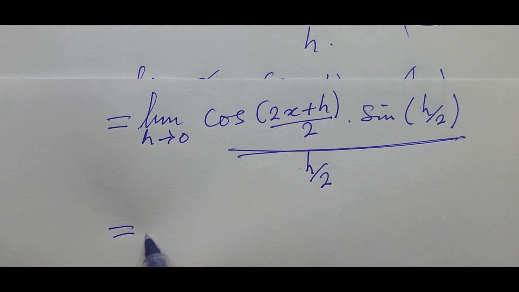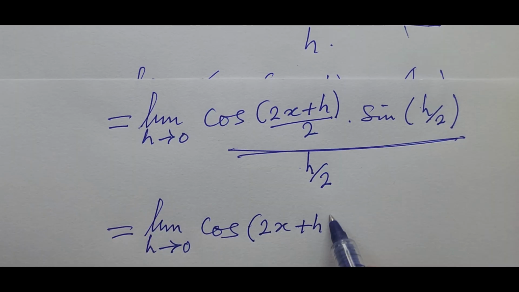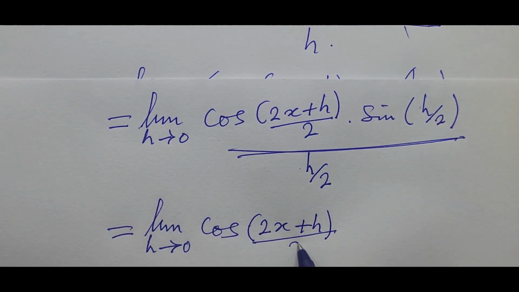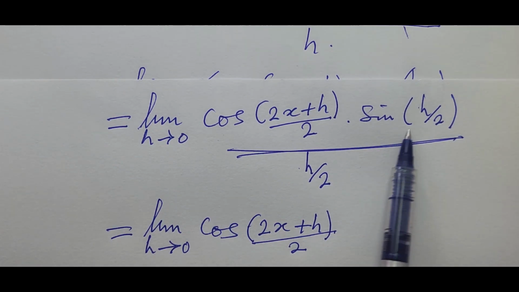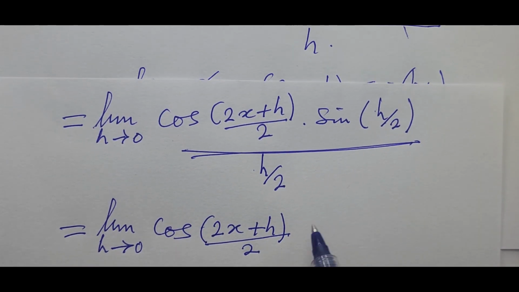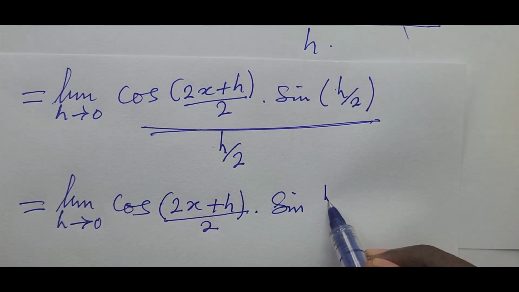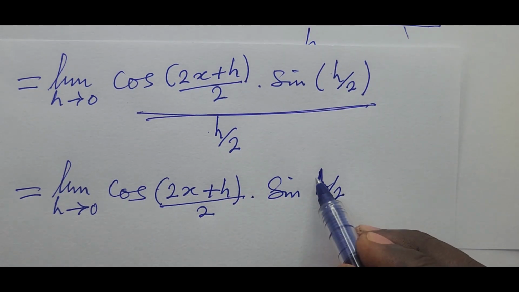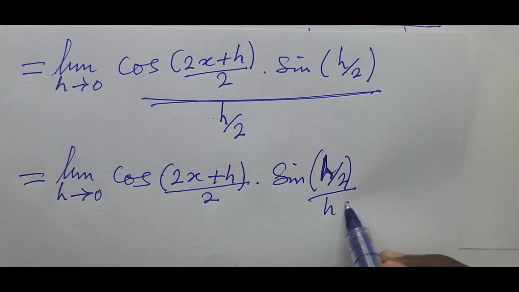So taking the limit as h tends to 0, the first one we have is cos bracket 2x plus h, close bracket, all over 2. The expression we have here, we can bring it to only this side of it. In other words, we can write this as times the sine of h all over 2, in bracket, all over h all over 2.